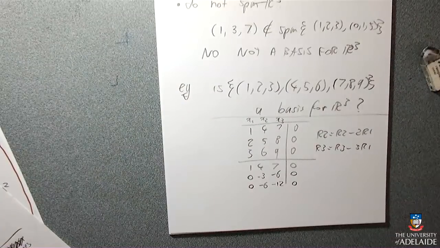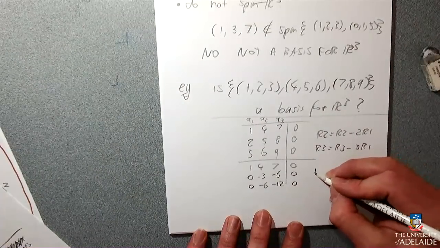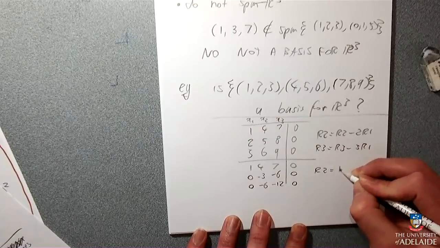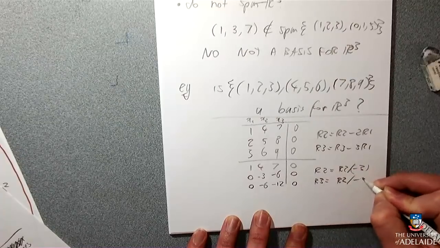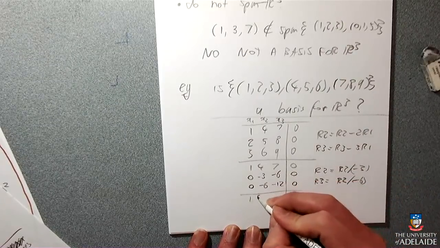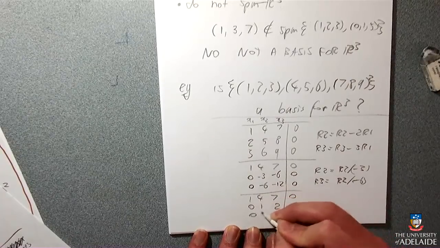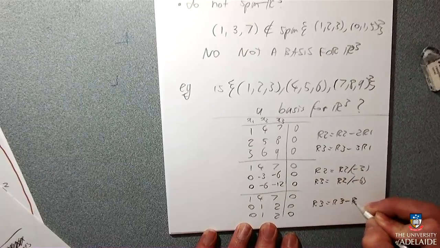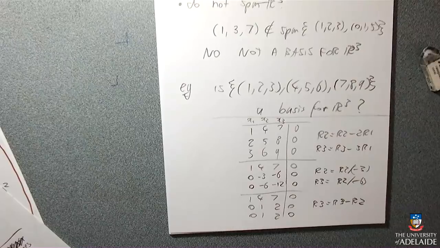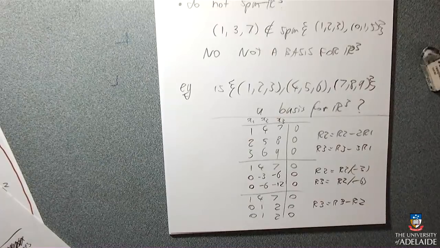And now if I did row 3 is row 3 minus row 2, I'll get a row of zeros, which means a row of zeros is going to prevent there being a pivot in every column, which means I'm going to get a free variable, and at least one of the x's is allowed to be whatever I want, including not 0.